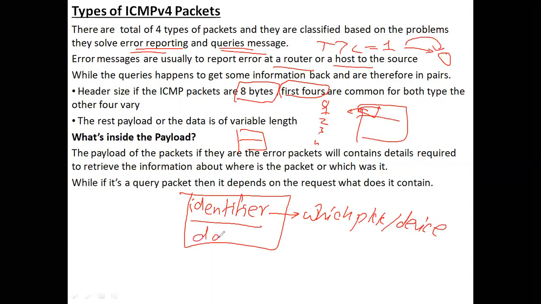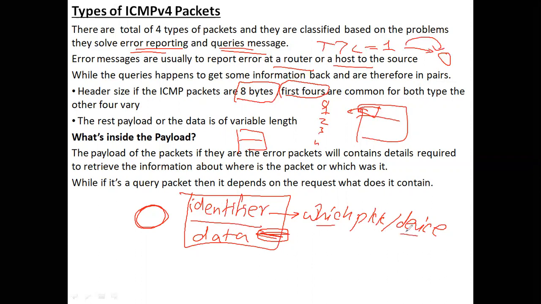The other is the data that we need from it. If a packet has gone wrong, we need, let's say, the first 8 or 10 bytes, or which sequence number it was holding, or what the destination was, something to understand which particular part of the message has been lost. Because we are reporting that something has gone wrong, what exactly has happened has to be put in the payload.